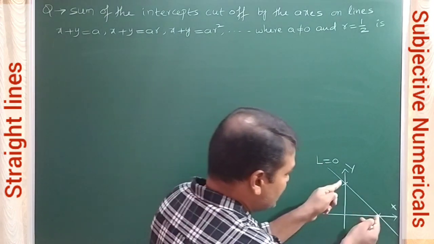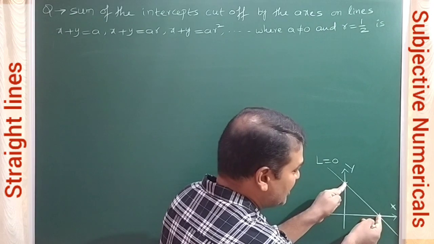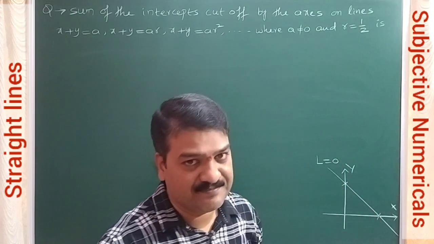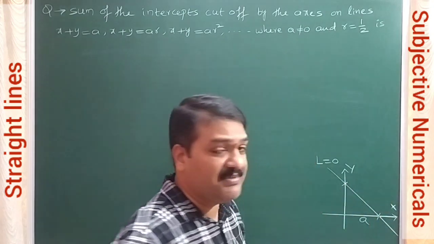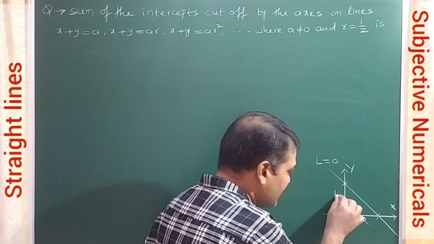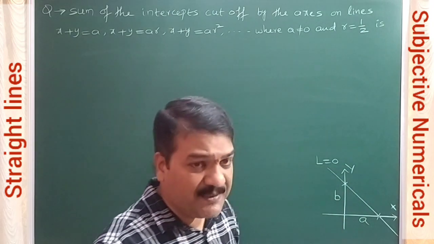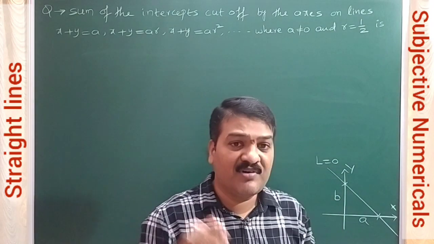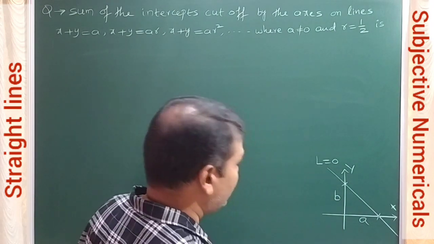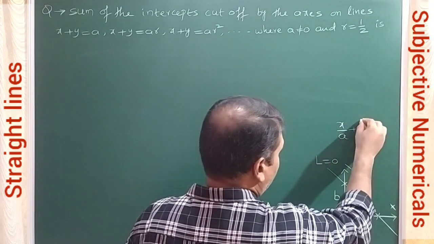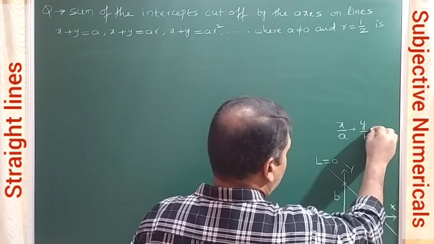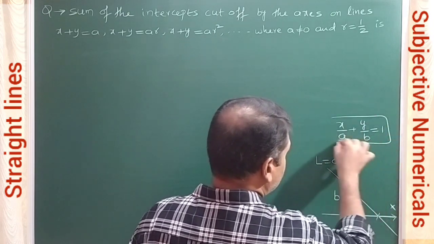So this will be the length of the intercept cut off between the axis. If this is the x-intercept small a and this length is y-intercept b, then the intercept form of equation of a straight line is x by a plus y by b is equal to 1.